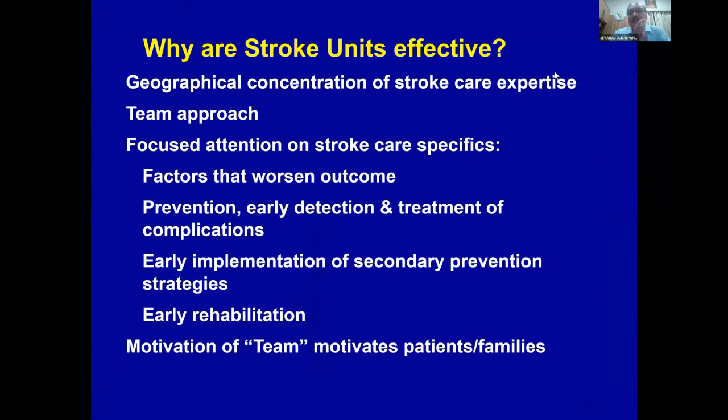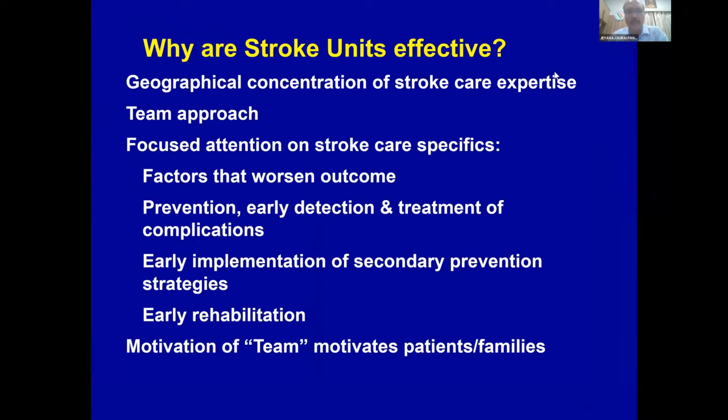One, there is focused care from all the stroke experts in the team, and it's a team approach. When you work as a team, the nurses, the doctors and the therapists, each group focuses on certain aspects in stroke that can worsen the outcome. So you identify those factors in the stroke unit early and try to treat them, and you can improve outcome.